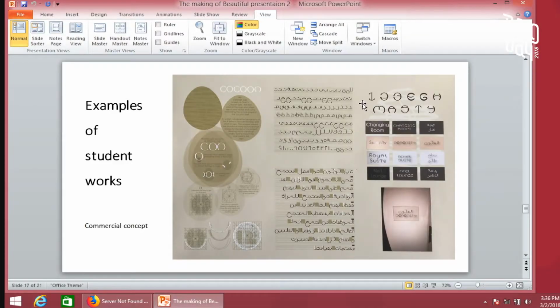Another example is also from Arabic typography. It's a commercial concept based on a brand called Cocoon. It's a women's spa, and she did the corporate identity for that place using her own font.